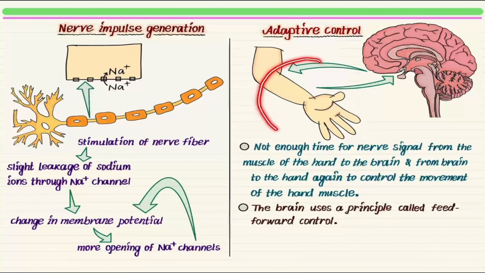The sensory nerve signal of the hand asks the brain whether the movement is performed correctly or not. If not, then the brain corrects the feed-forward signal that it sends to the hand next time. If still further correction is necessary, this process will be performed again and again until the movement is performed correctly. This process is called adaptive control. This adaptive control is a delayed negative feedback mechanism.